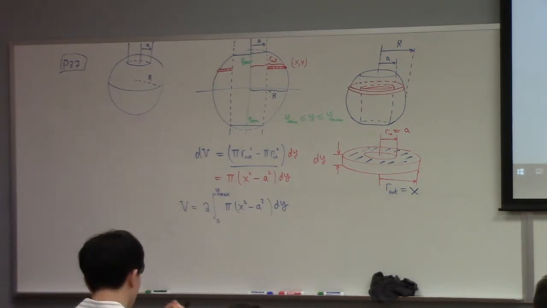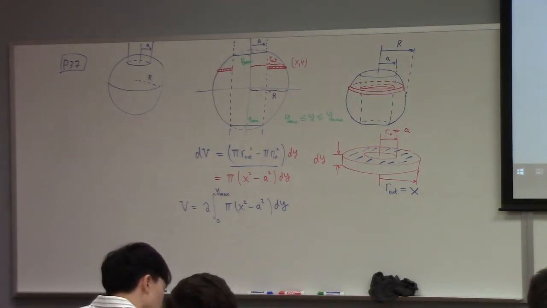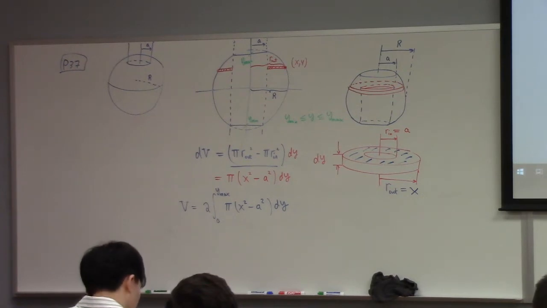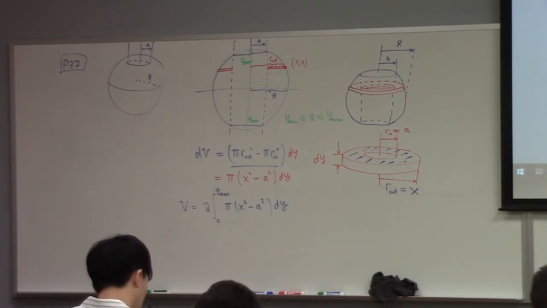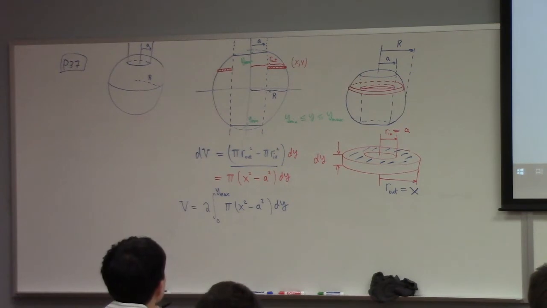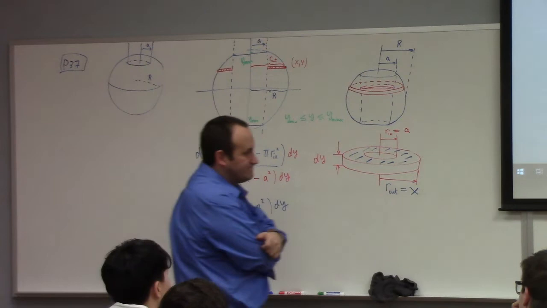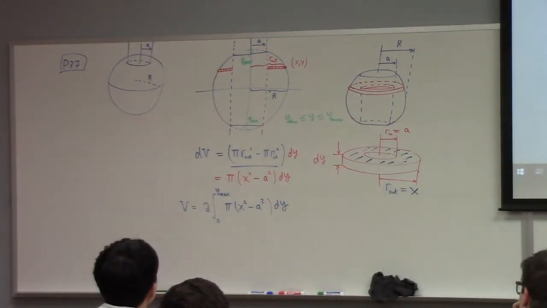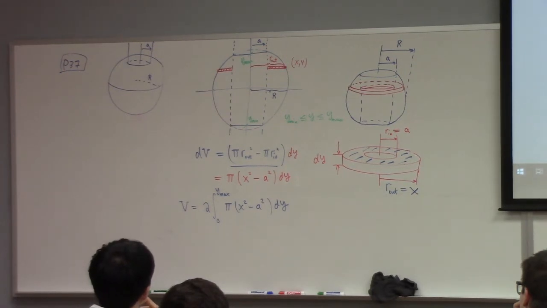But what is y max? You got to take ownership of the middle picture, right? You think it through for yourself. Would it be the height of the cylinder that you got divided by 2? No. Let me draw a triangle.